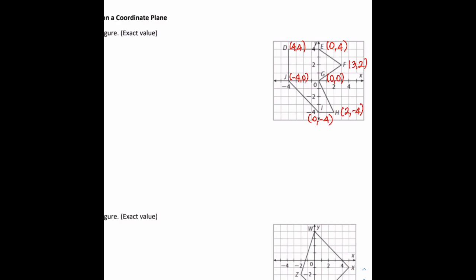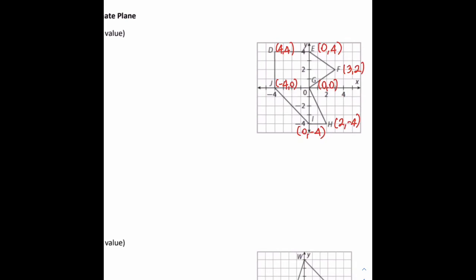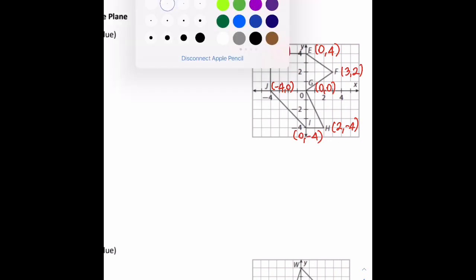Okay, now also let's look at what we need to find. In order to find the perimeter, we need to find the distance around the shape. But it seems I can easily find the lengths of segments DE, DJ, and IH, since they are either horizontal or vertical line segments. So let's write the units for these three segments.